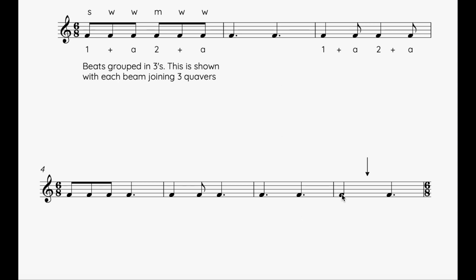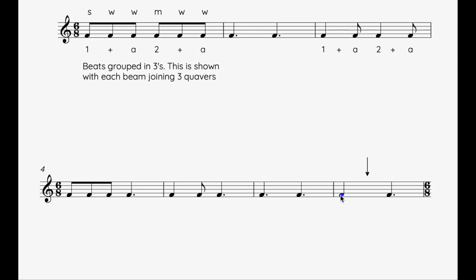All right, what have we got here? Well, this is a question where a note is missing and you have to fill in the missing note. So to answer this question, we need to size it up with our groups of 3. What about the first group of 3? Do we have 3 quavers here?